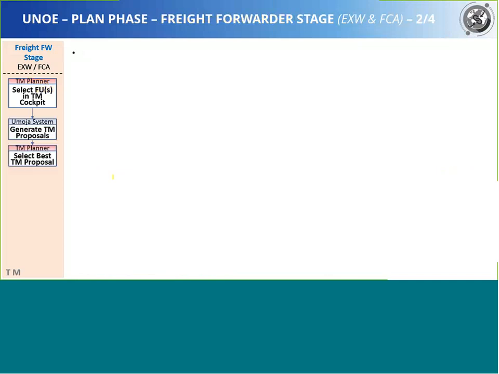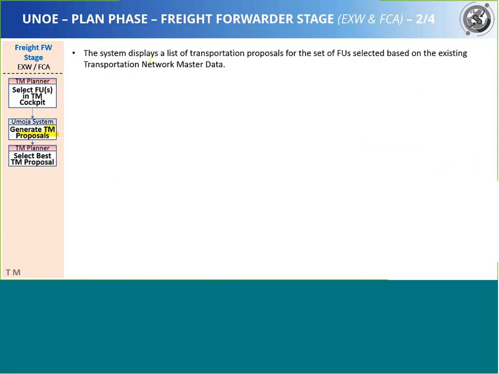All right. So once we have selected the freight units, the planner will ask the system to display the different shipment proposals, and the system will display, based on the transportation master data, different proposals.